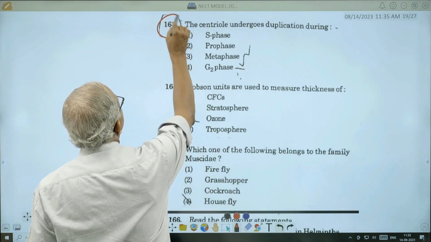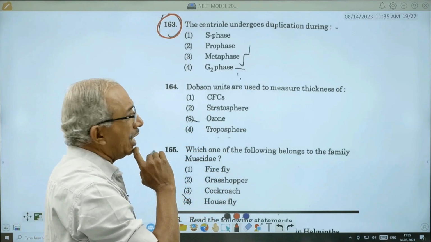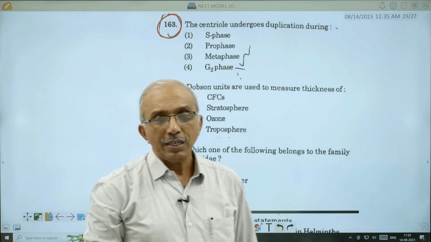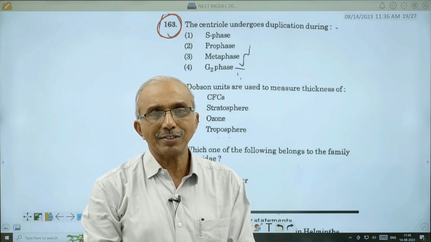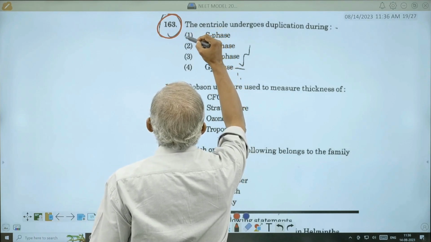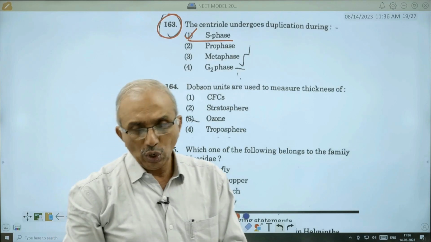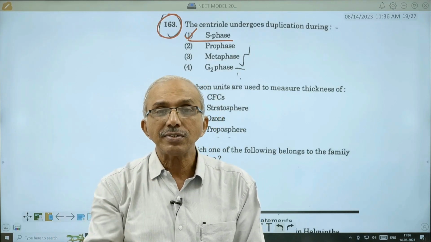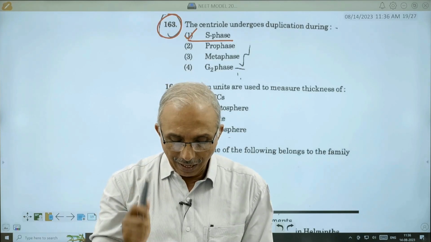163. The centriole undergoes duplication during which phase? Centriole is a cell organelle found in animals. Centriole undergoes replication during S phase. So in S phase, two things replicate: one is centriole, other is DNA.